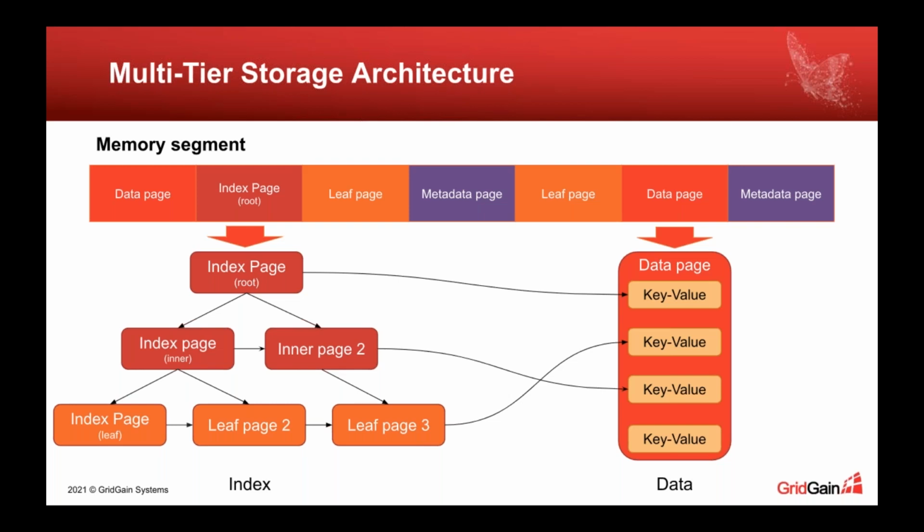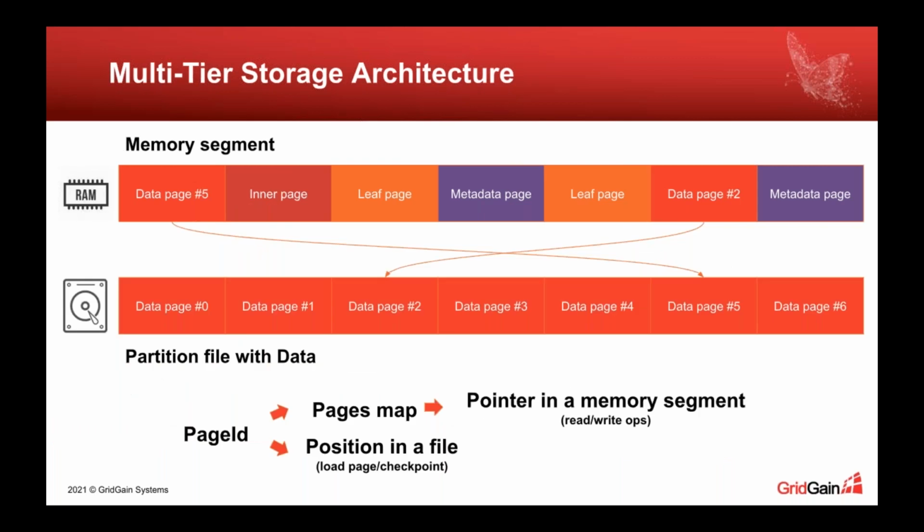All the data is split in pages, and the pages can have different purposes. There are index pages that can have links to the actual data pages that store key-value pairs or table rows essentially. There is also some metadata that is stored in the same way. And then all those different pages can be transparently replicated into memory and into the disk layer, right?